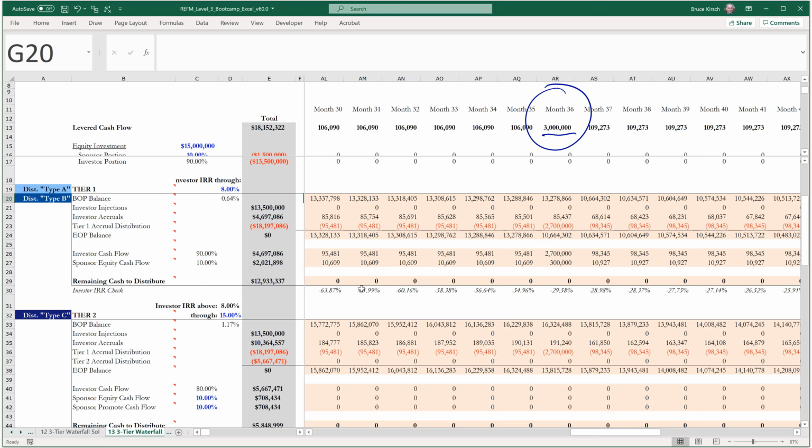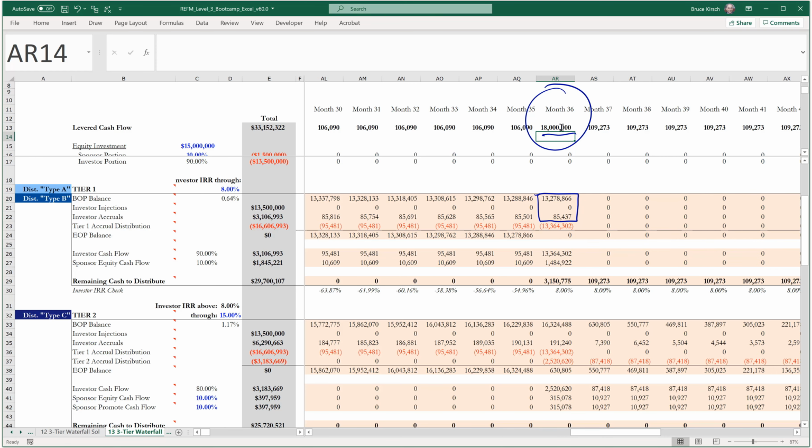So just looking at the investor, right, they still are owed roughly $13.4 million. So this cash flow would need to be quite large. So let's just make it, for the sake of illustration, 18 million.